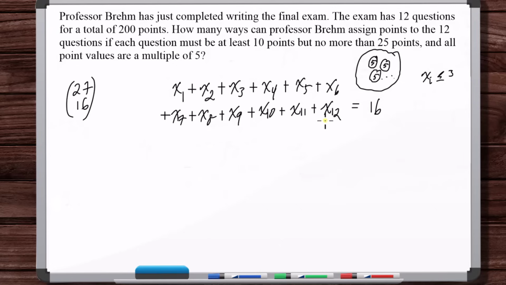If the bins are A, B, C, D, E, F, G, then we're looking for the number of elements in A union B union C, all the way to the 12th letter of the alphabet.